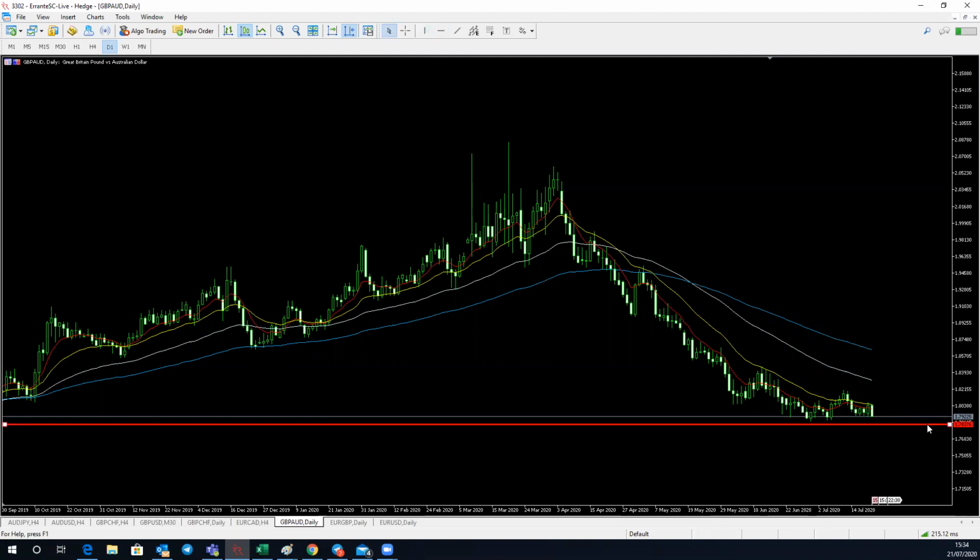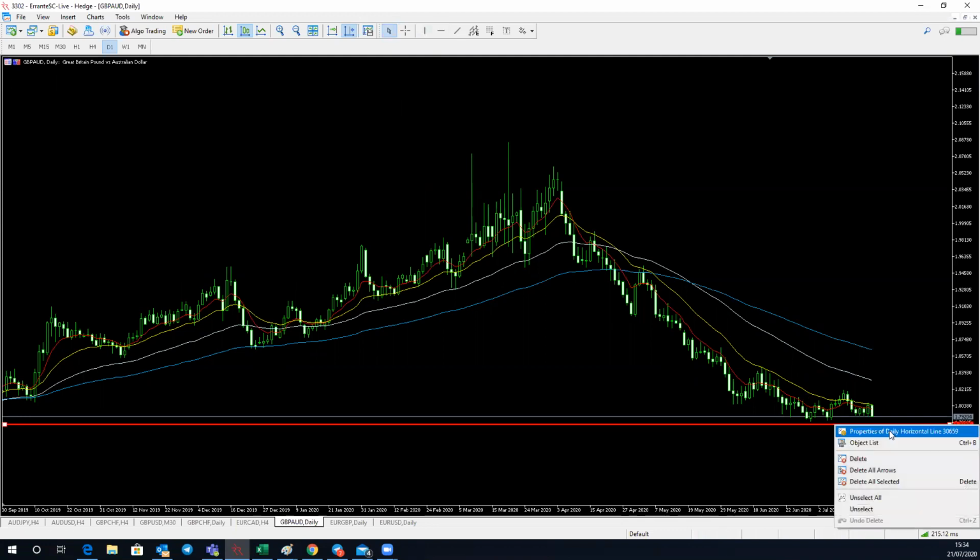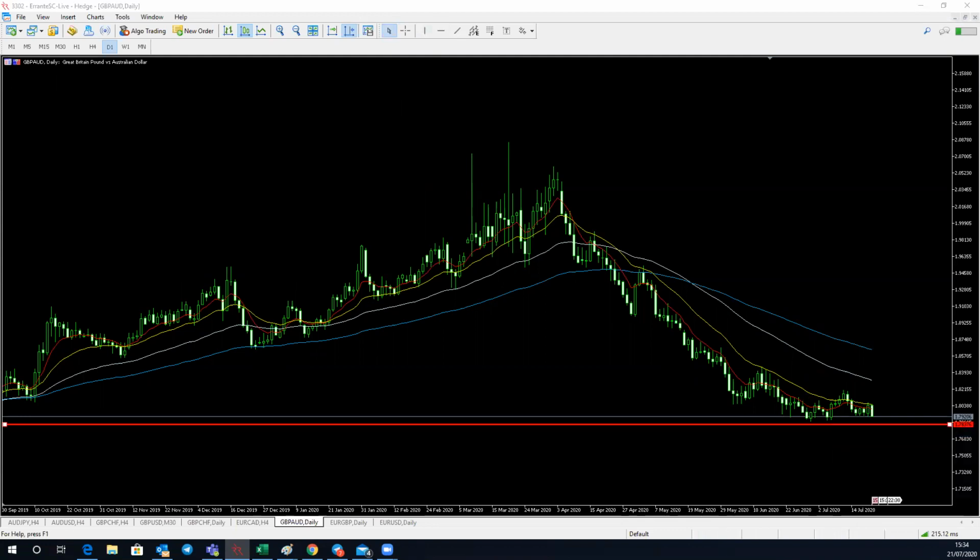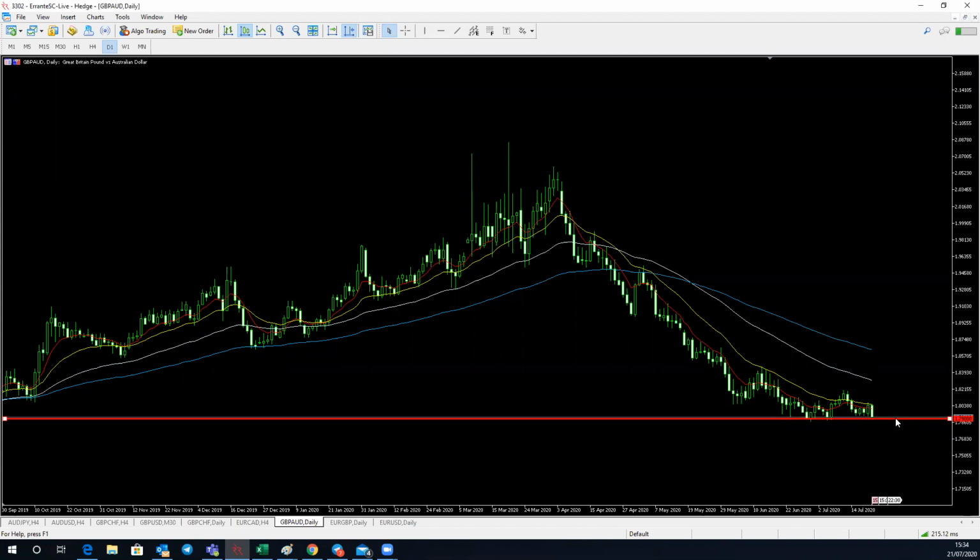One is on the 79.00 area as your psychological level. 79.00, that's one of your psychological numbers there. Maybe the line's too thick, so I'm just going to, there you go.